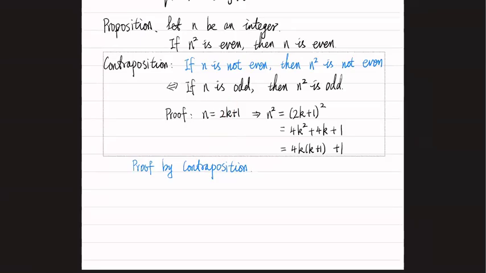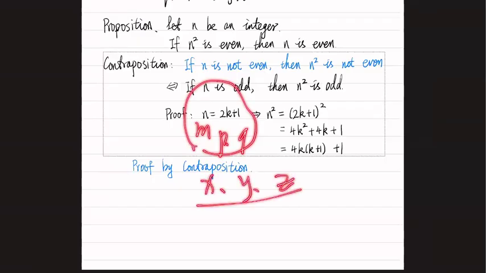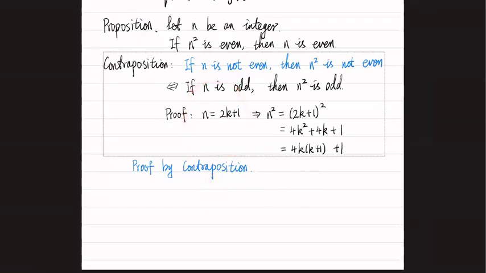So the letters, for example, n, k, m, p, q are all for integers. If we use x, y, z, it's for more general numbers. Okay, that makes sense.